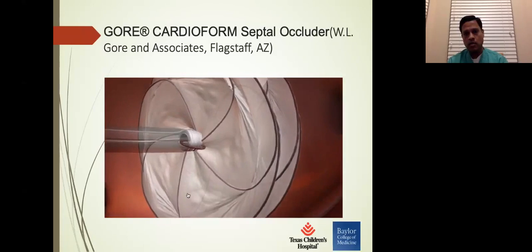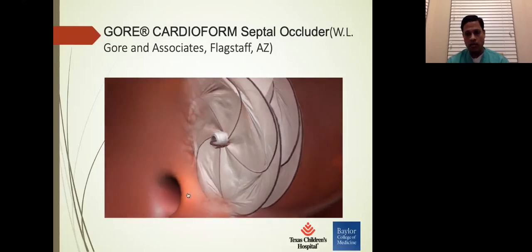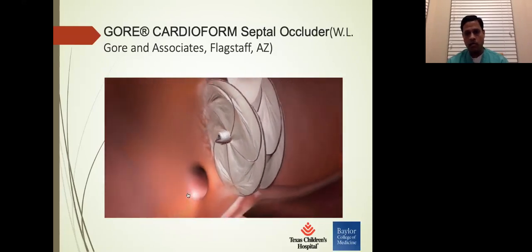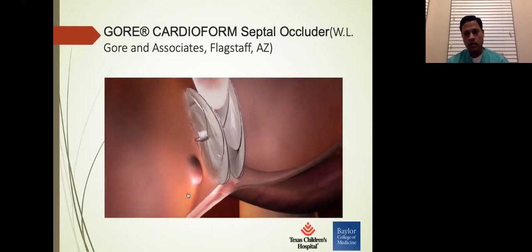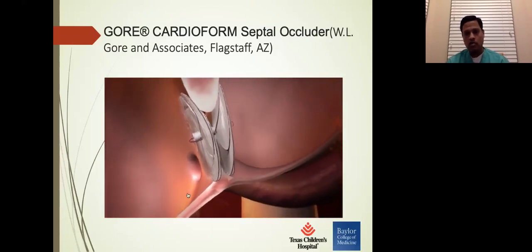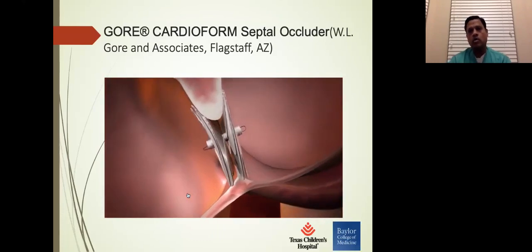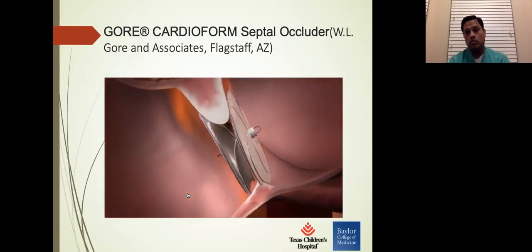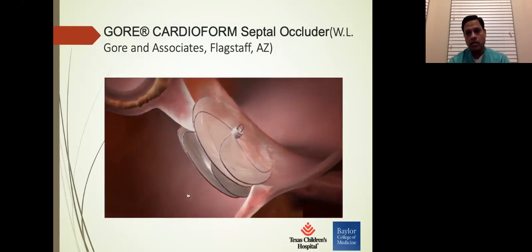And once the device is released, if there is a 15 millimeter hole, this device can move anywhere along the 15 millimeter and would sit anteriorly, posteriorly, superiorly, inferiorly, anywhere along that hole. So that's why this device was replaced by a newer type of device which has a self-centering waist.